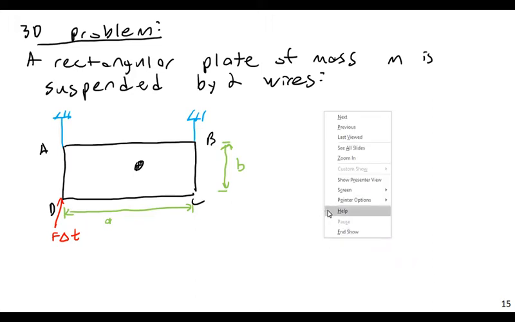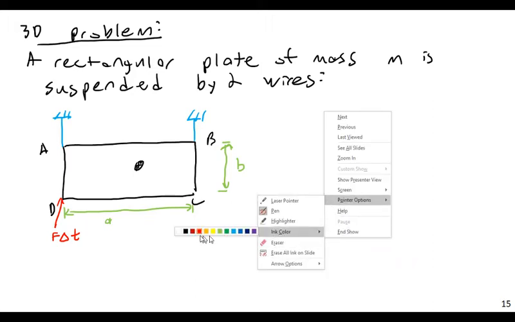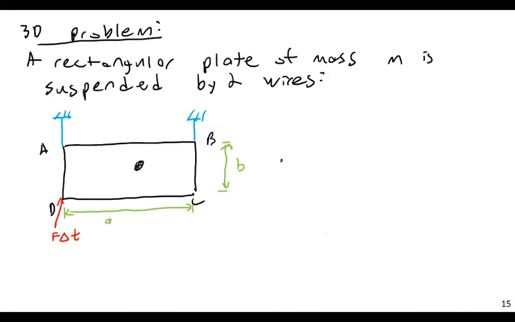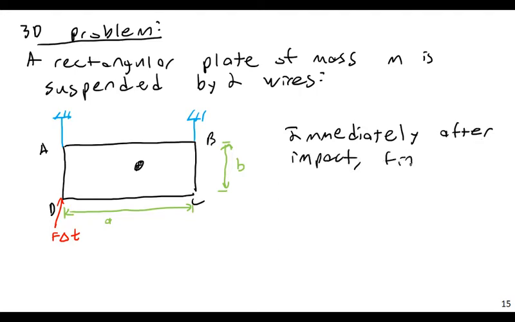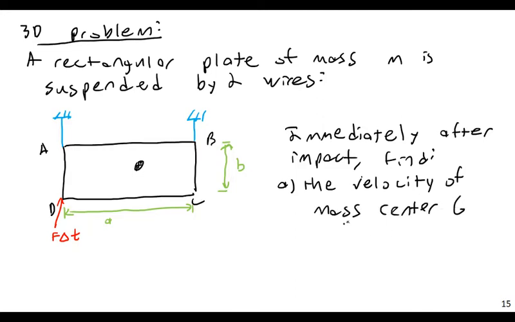So, again, this has mass m, and we want to find, immediately after impact, A, the velocity of its mass center G, and B, the angular velocity of the plate.